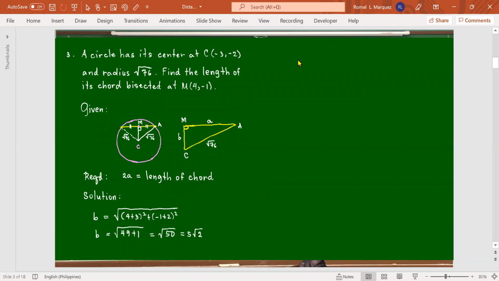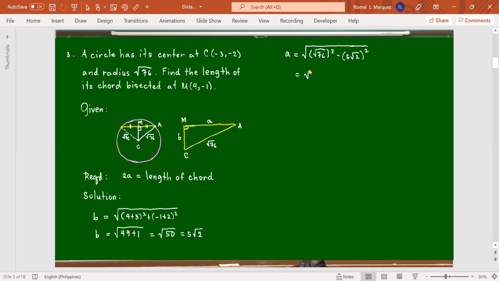So we can now find a, no? A is equal to, by the Pythagorean theorem, the square root of, what is a? The square root of the square of the hypotenuse minus the square of b. But what is b? 5 square root of 2 quantity squared.